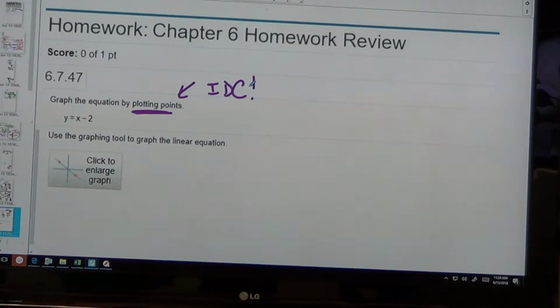Even though I've been doing a lot of graphing, there's not gonna be a lot on there.